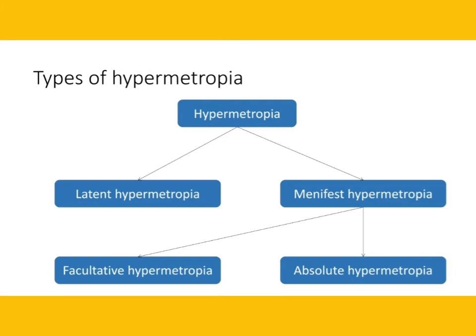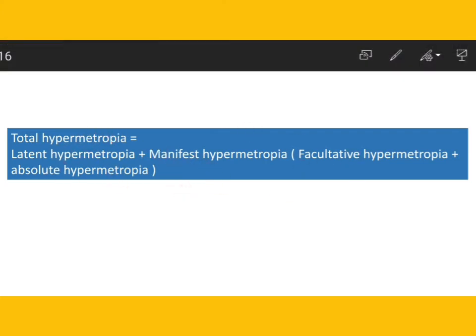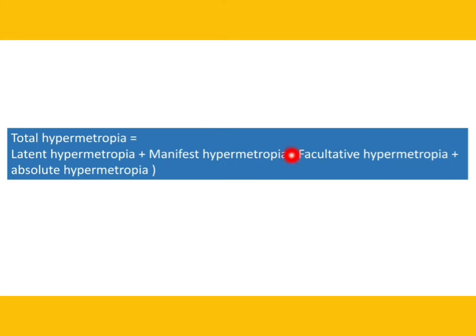The amount of hypermetropia that can be corrected with the effort of accommodation by the patient is called facultative hypermetropia. And the amount of hypermetropia that cannot be corrected with the effort of accommodation is called absolute hypermetropia. Okay, now we can say that total hypermetropia is equal to latent hypermetropia plus manifest hypermetropia. Here manifest hypermetropia is again two types, facultative hypermetropia and absolute hypermetropia.